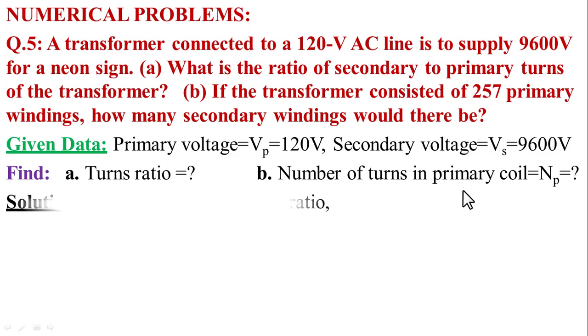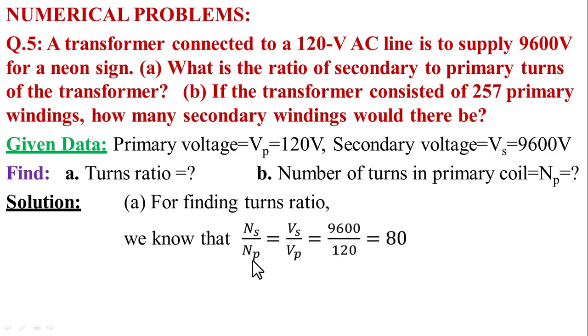For the solution of part A, finding the turn ratio, Ns over Np is equal to Vs over Vp. Putting the values, Ns over Np is equal to 9600 divided by 120, that is equal to 80.